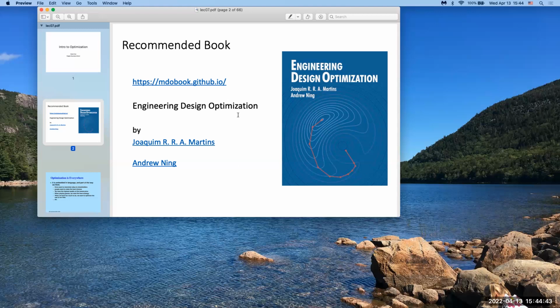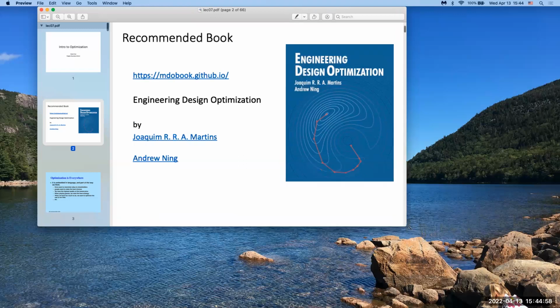If you're interested in the optimization part, you can go to this web link. It's on GitHub and it's free. You just download this PDF version.